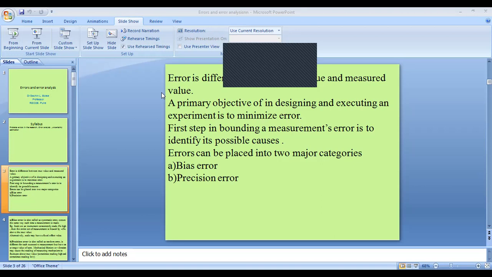So this can cause the precision error. So it is not in our hand. Eliminating precision error is not in our hand because of the environment, like mechanical friction, vibration, temperature changes, it occurs.